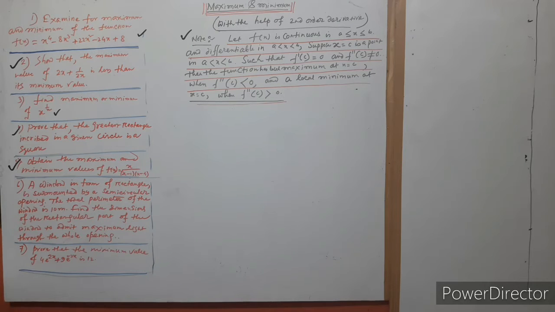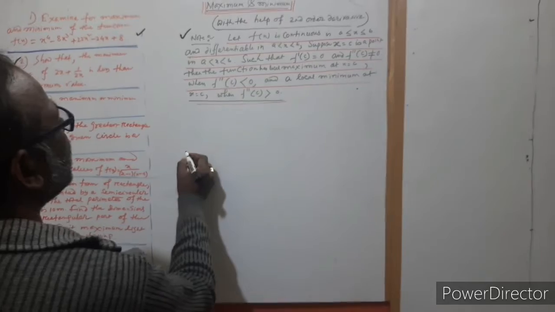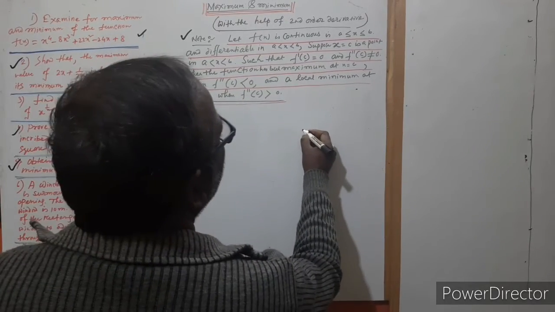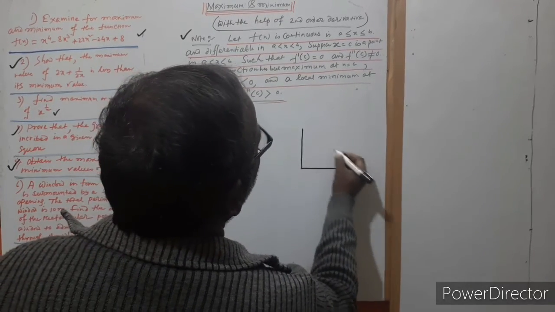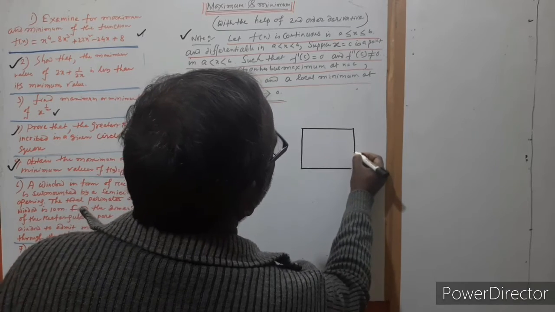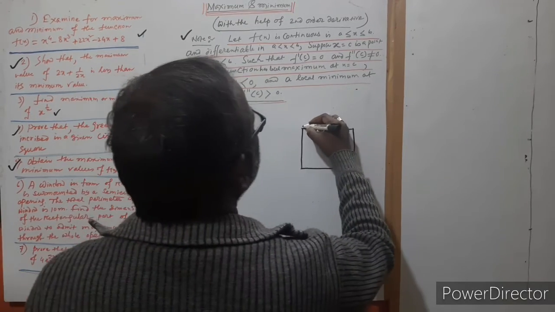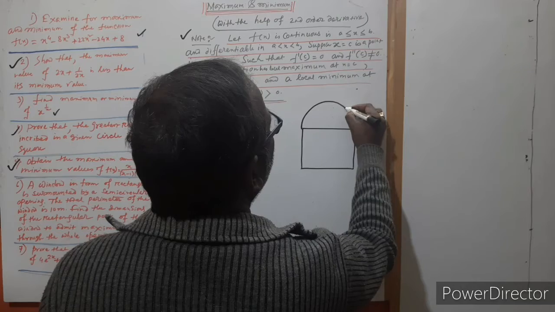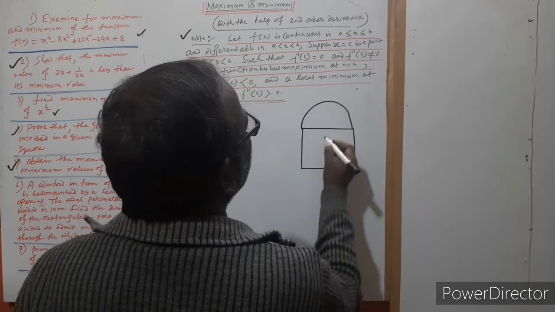Okay, so a window in the form of a rectangle is surmounted by a semicircle. So see the drawing here first. This is the rectangular shape and semicircle also. Okay, this is the window.